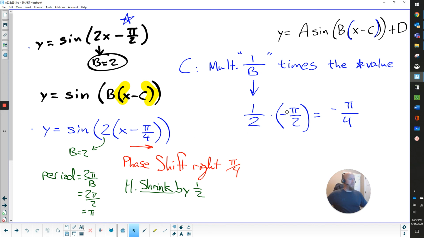So reciprocal of b times that constant, simplify that, and you'll get, in this case, phase shift to the right. So x minus a value is going to be phase shift to the right by pi quarters.